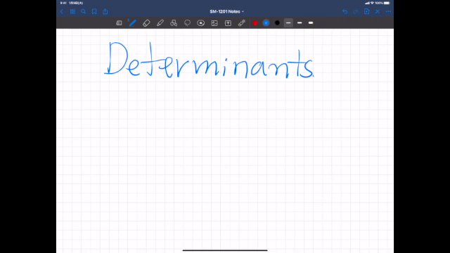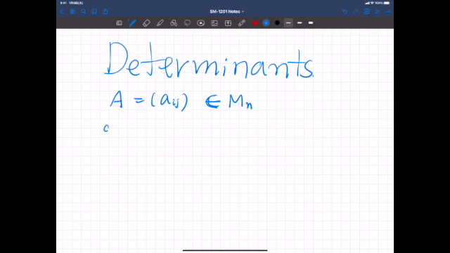Now let's see the definition of the determinants of general square matrices. Let A be a square matrix of n dimension, so an n by n matrix.